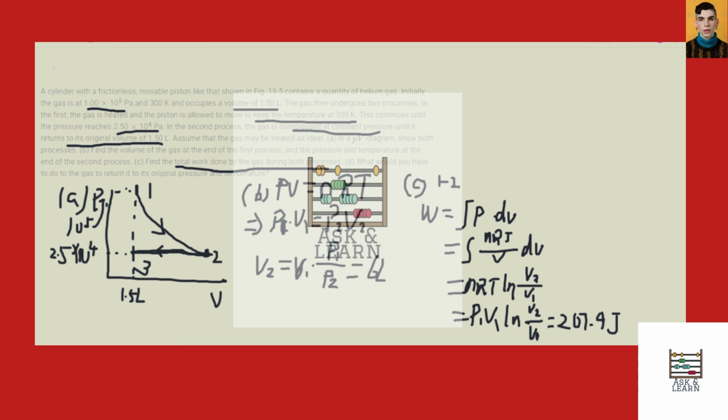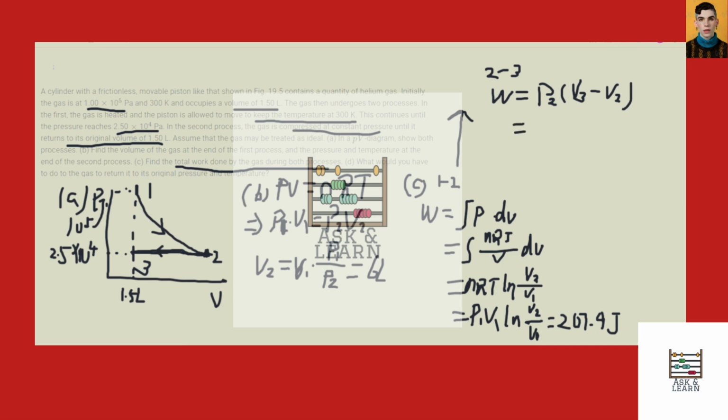The second process, from 2 to 3, I write here, but there is not much room. As you can see, this is constant pressure, so the expression for the work is simply P2 times V3 minus V2.